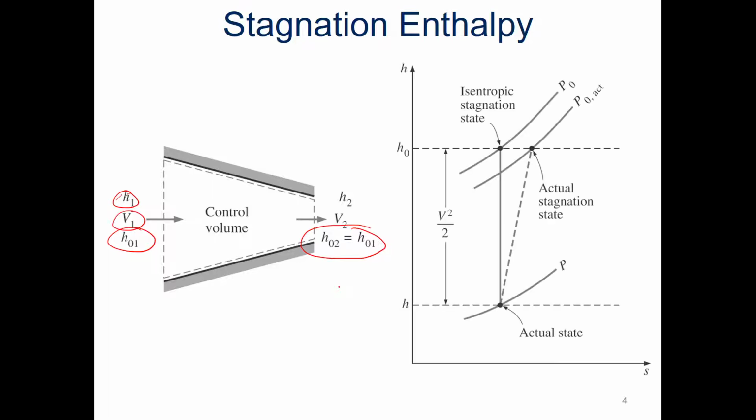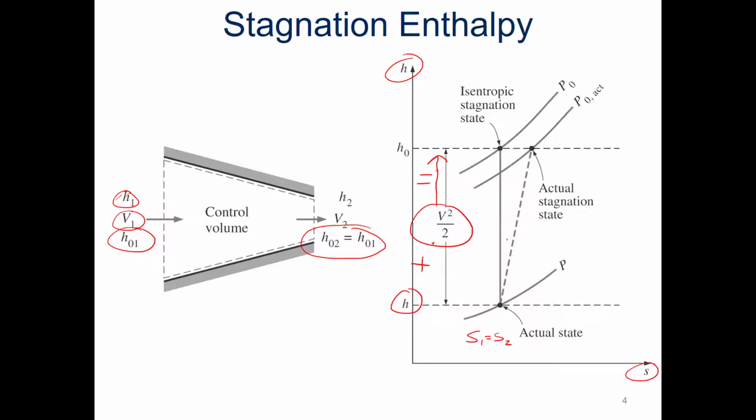The way we can think about this is this plot. This is enthalpy versus entropy. For an isentropic case, where s1 equals s2, if the flow is slowed to 0, we would have this case here, and we get this velocity term. So we have our initial h plus our velocity term, and that would end up equaling our stagnation enthalpy.